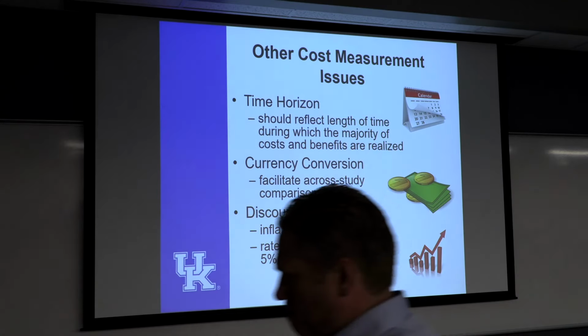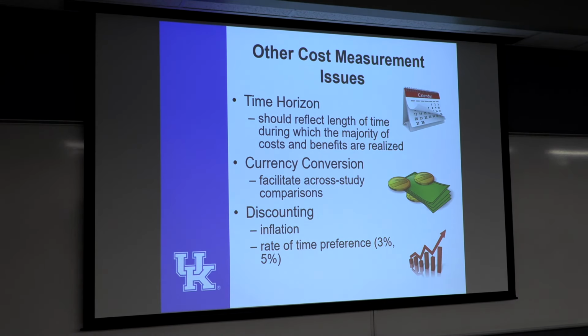All right, just a couple of other things, and I'm going to breeze through this. We need to worry about the time horizon. We need to make sure that we're capturing long enough utilization to include the majority of events, but not so long as to capture things that are potentially unrelated.